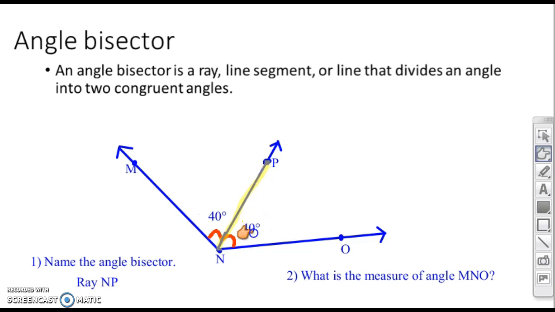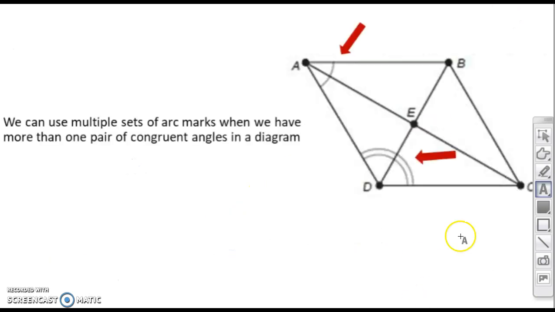So if this one's 40, then this one's 40. We add them together, and the larger angle is going to be 80 degrees. And just on this last screen, just to show you, sometimes, again, there will just be arcs and no tick marks. That's another way to indicate congruent.